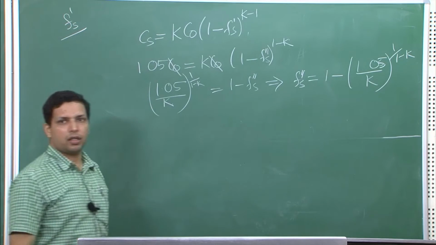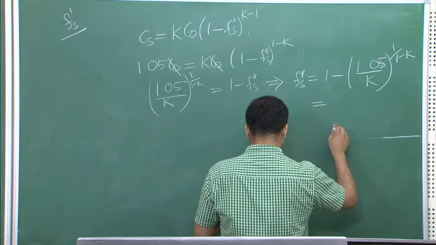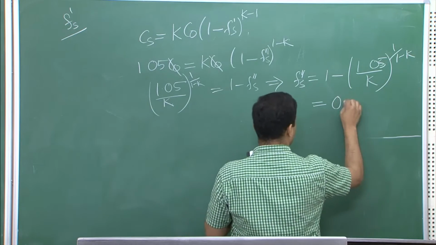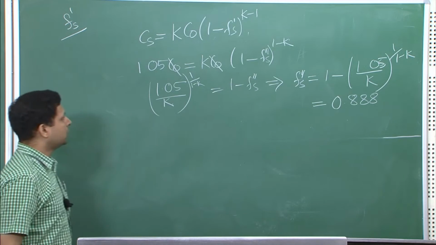So, this is the relation to get you Fs double prime, and you can get the value of Fs double prime now.